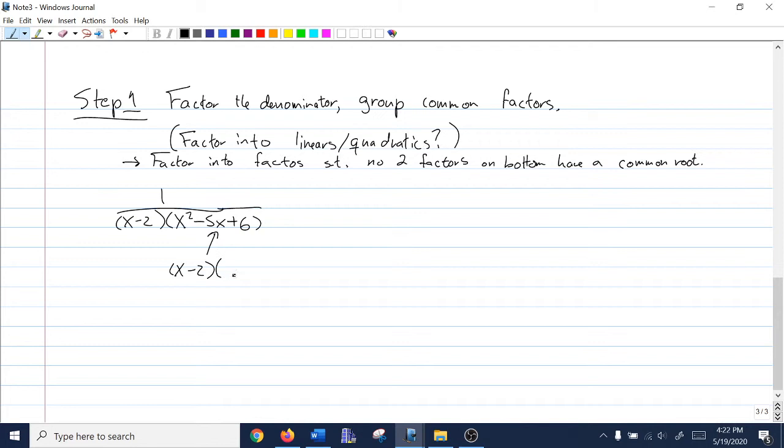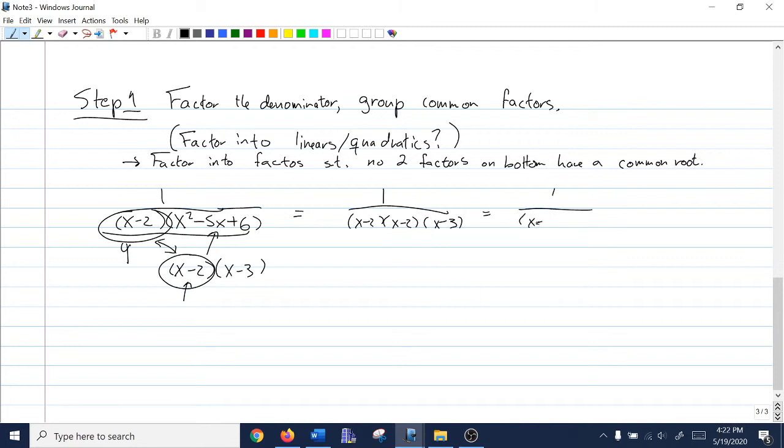X minus 2, x minus 3. Hey, this x minus 2 and this x minus 2 need to get grouped together is the main thing. This wasn't factored enough because the root of x minus 2 is shared among the group. And the fact that I have a common root of x minus 2 needs to become visible. That's an x minus 2 squared, x minus 3.